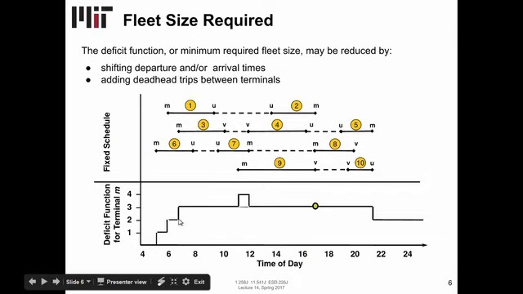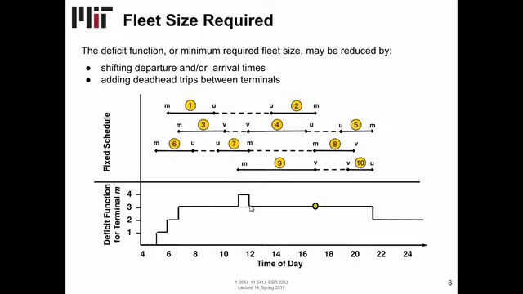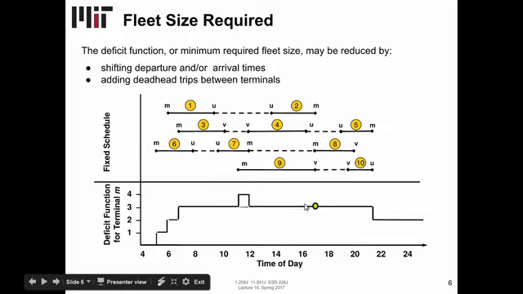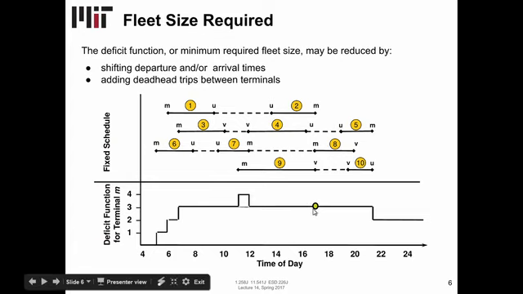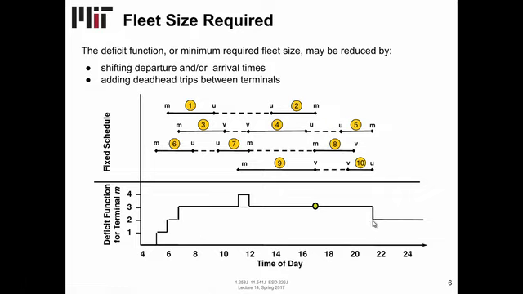Our deficit is growing until noon, when the first trip comes back to terminal M. Then it continues at deficit level 3, where there is one departure and one arrival scheduled at 15, at 17, at 5 p.m. And then it continues until the last trip arrives a little before 10 p.m.